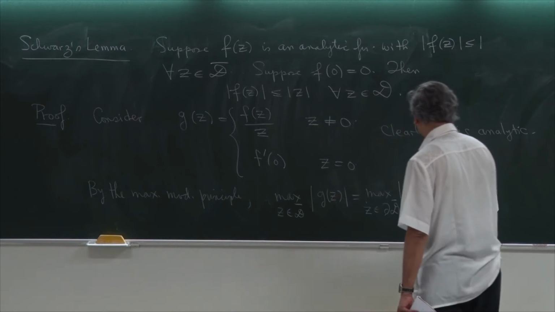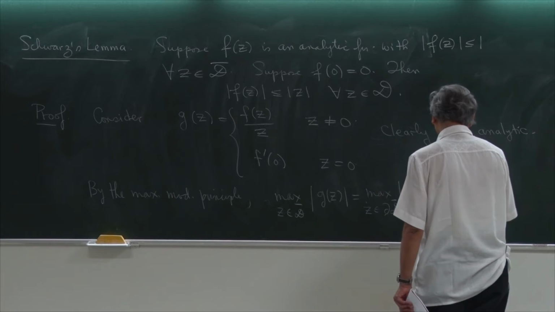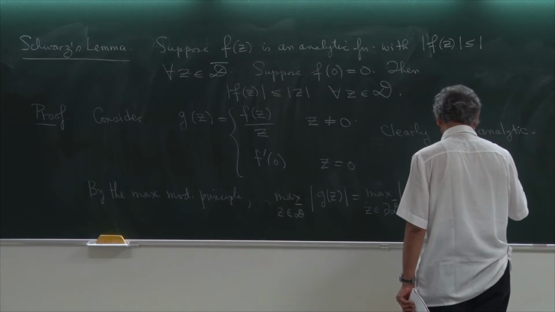But this boundary is just the set of points where mod z equals 1.